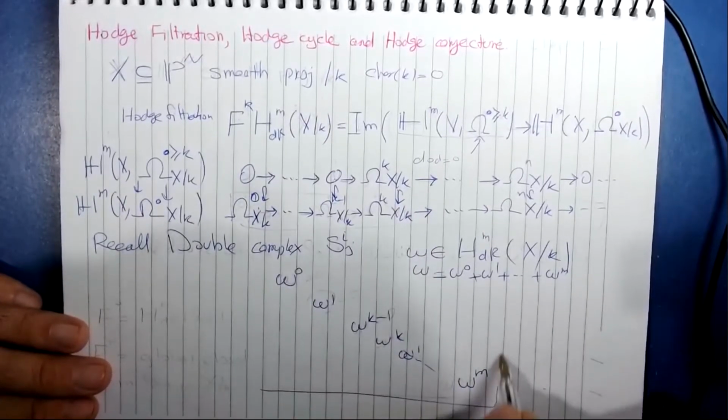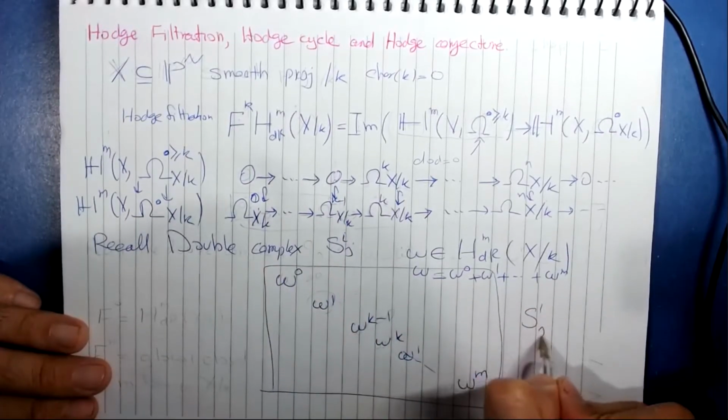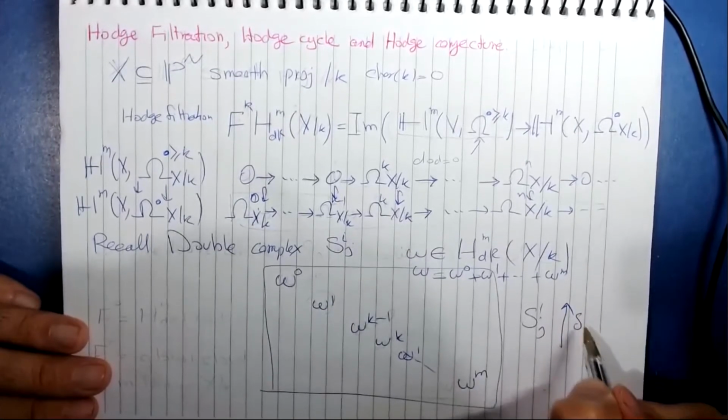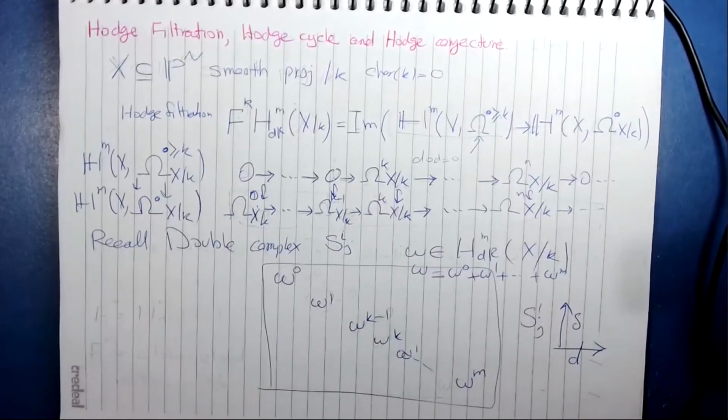This way of writing is in the double complex that I had. Remember that going up was delta, and going to the right was the usual differential of differential forms.